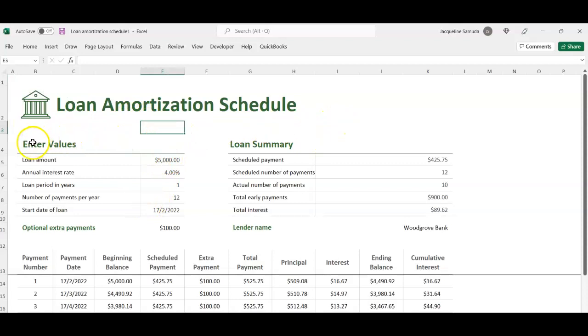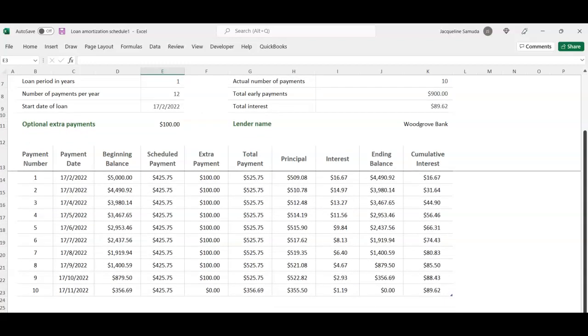Now over here there's a section that says enter values. Once these values are entered, you have a host of repayment periods. For this one, only 10 periods are given, but you can expand the sheet to get more payments.